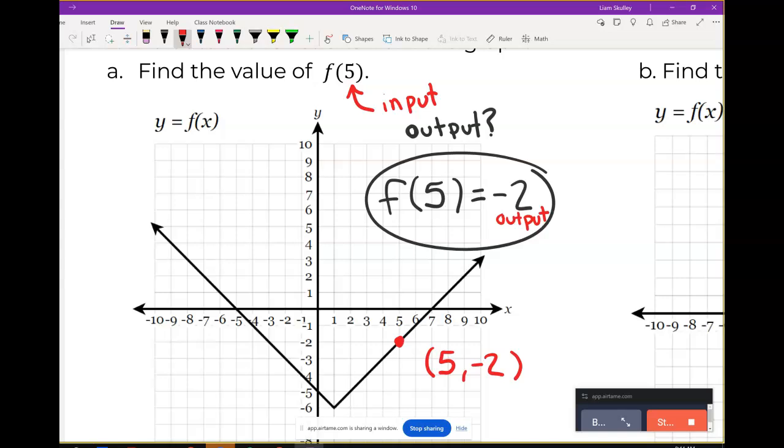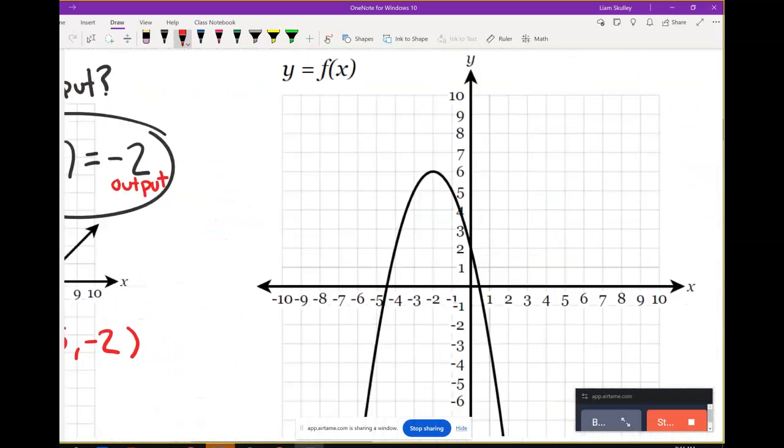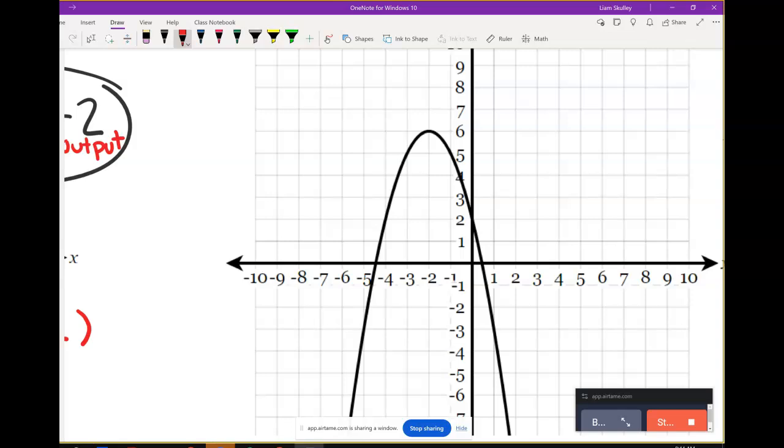So again, you're looking for where the x value that you're given and your graph intersect. So negative 4. Negative 4 is right here. Sometimes I do it with a little dashed line to make sure I'm hitting the right spot. My point is right there. Remember, points always go x then y.